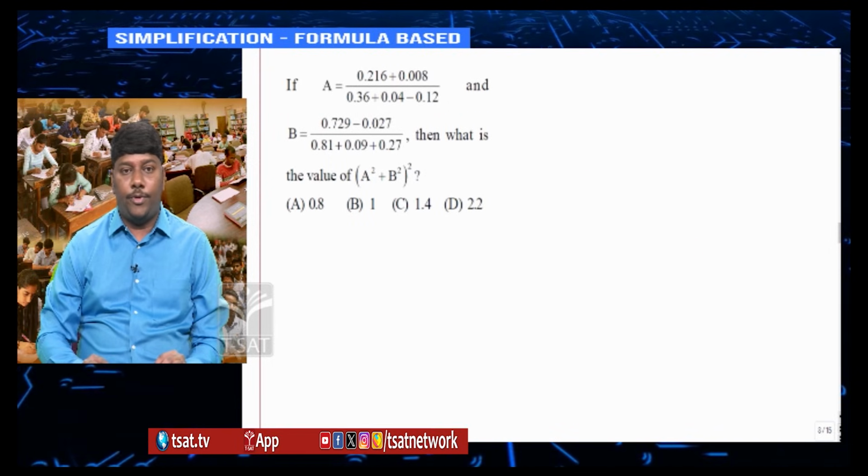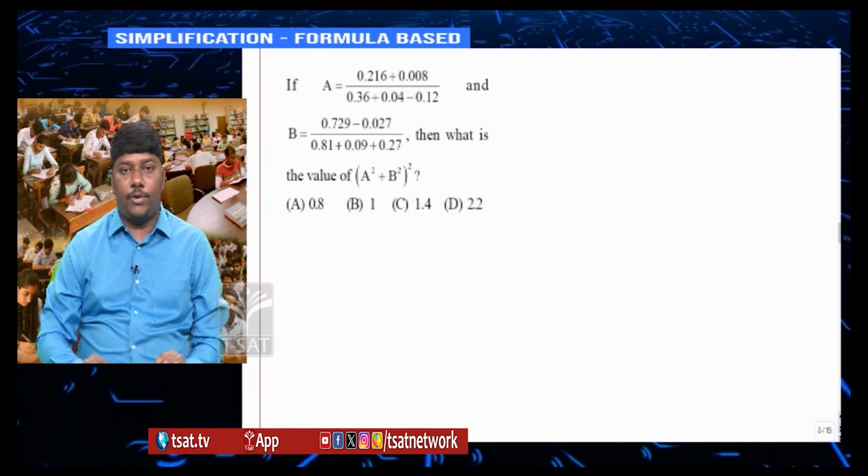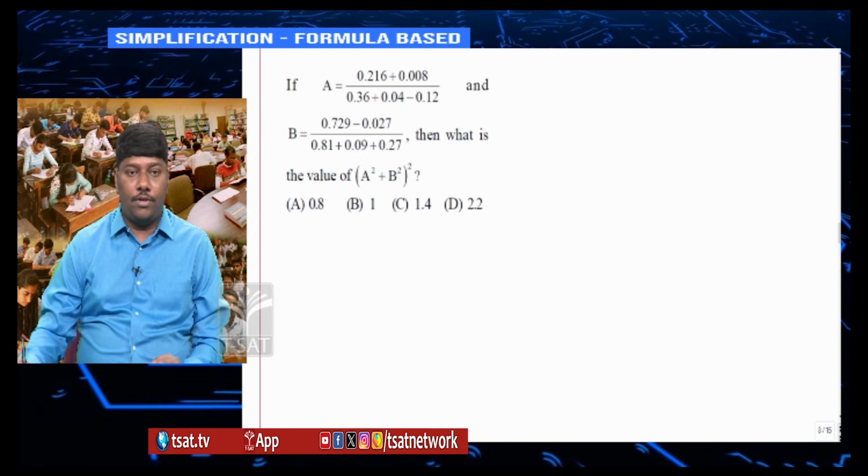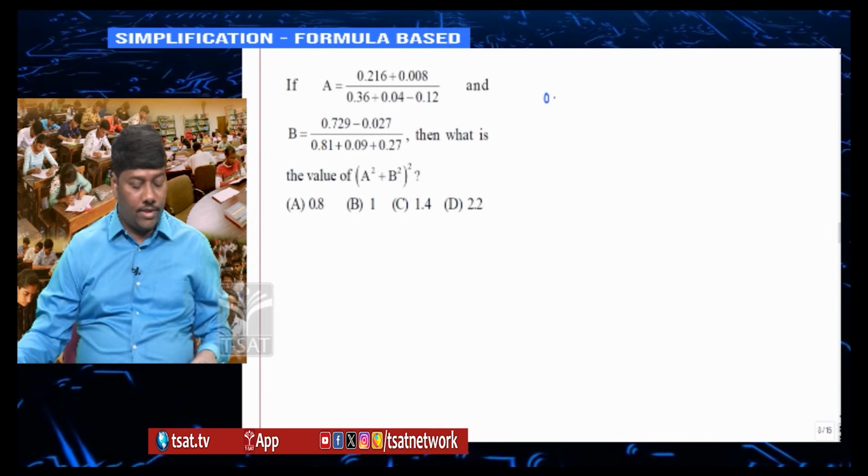A is equal to 0.216 plus 0.008. We all know if you ignore the point, 216 is 6 cube.